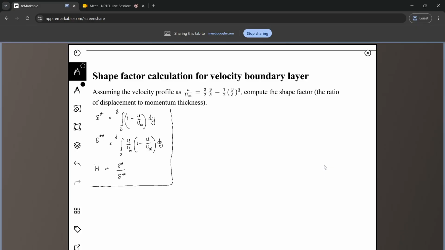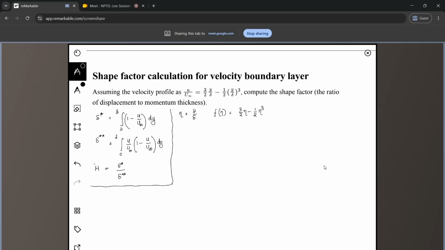We can carry out these integrals in a much easier way. You can think of this as some function of eta, where eta is y by delta, similar to what we did last week. If you call this eta, then u by u infinity, you can call it f of eta, is given by 3 by 2 times eta minus half eta cube.